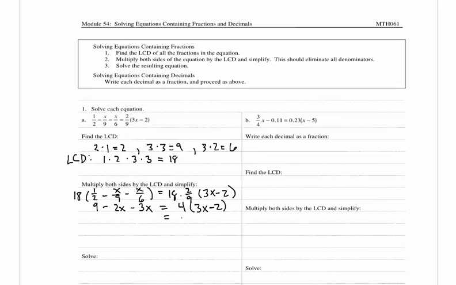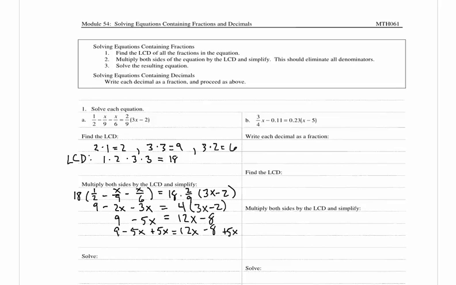And now we're going to distribute the 4 through the parentheses on the right. So we have 12x minus 8. And on the left, we're going to combine like terms. So I have 9, and then I have negative 2x minus 3x is negative 5x. And now I'm going to add 5x to both sides. So I have 9 minus 5x plus 5x is equal to 12x minus 8 plus 5x.